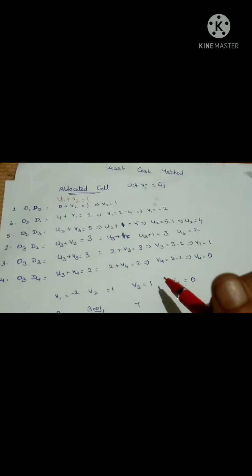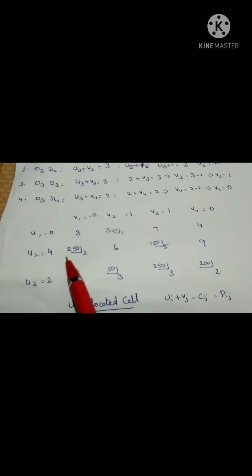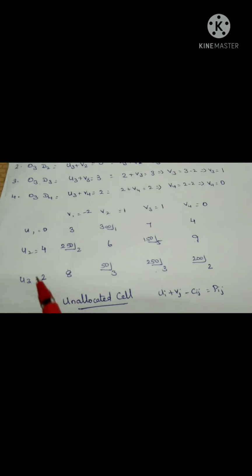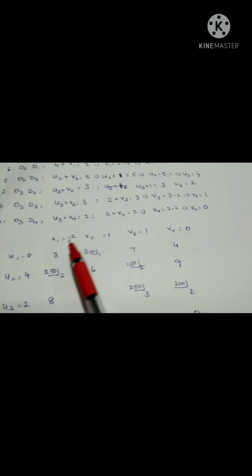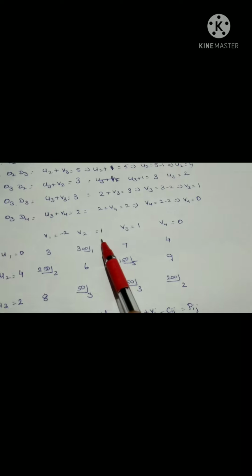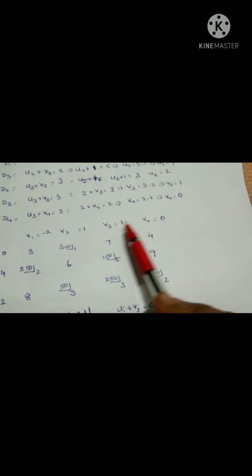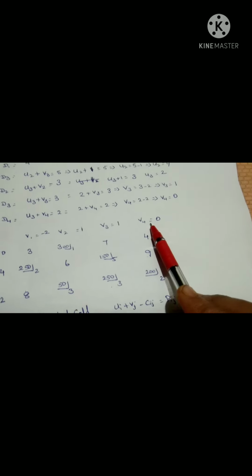So likewise we have to find out for all the variables, and I received these as u1 is 0, u2 is 4, u3 is 2, v1 is minus 2, v2 is 1, v3 is 1 and v4 is 0. So the next thing we have to move on to is unallocated cells.